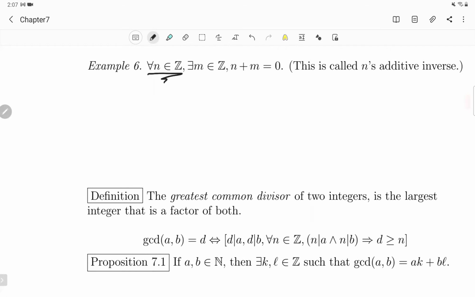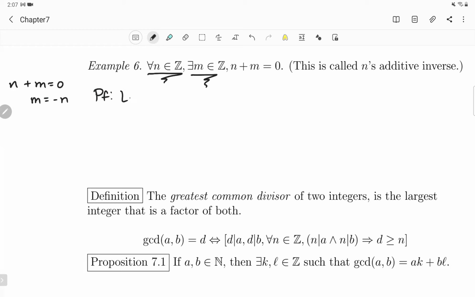This for every n is declared first, so n can't be an example. He's arbitrary. So n is just n, but m has the there exists, so I can pick m. If I want n plus m to equal 0, what am I going to pick m to be? Negative n. So here's our proof.